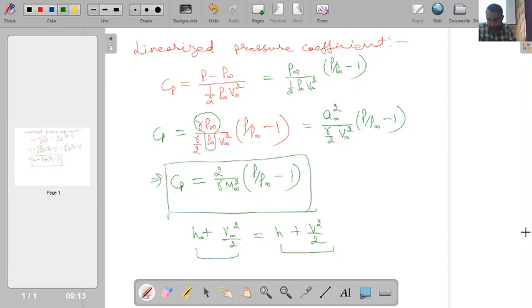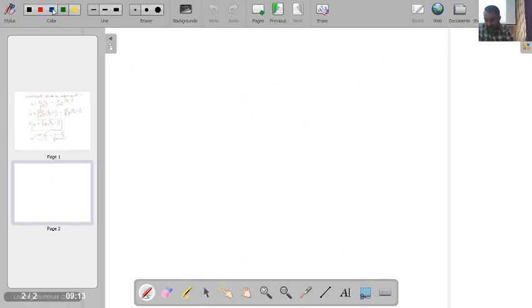Now, as we know, h infinity can be replaced with Cp into T infinity for a calorically perfect gas, and h with Cp into T. So ultimately what I get is T infinity plus V infinity square minus V square, bringing V to this side, by 2 Cp equal to T.